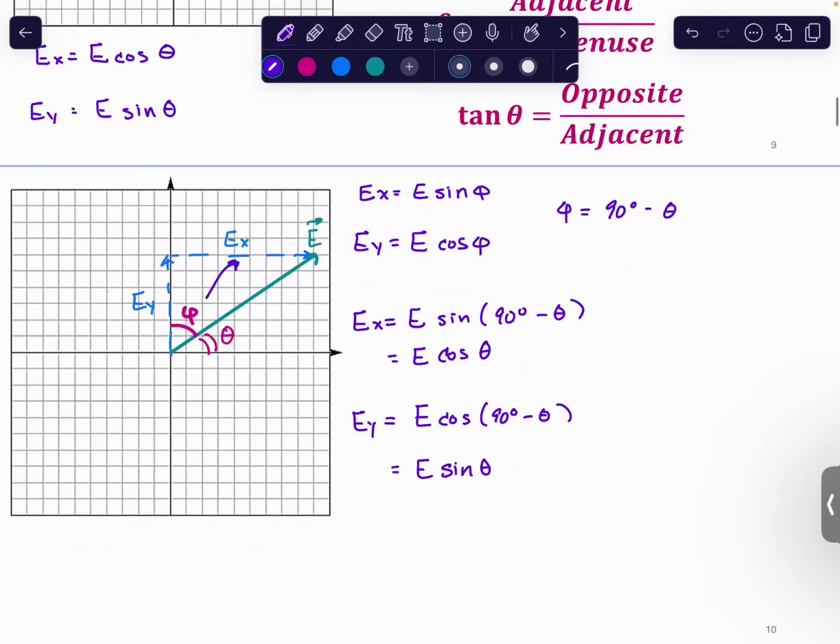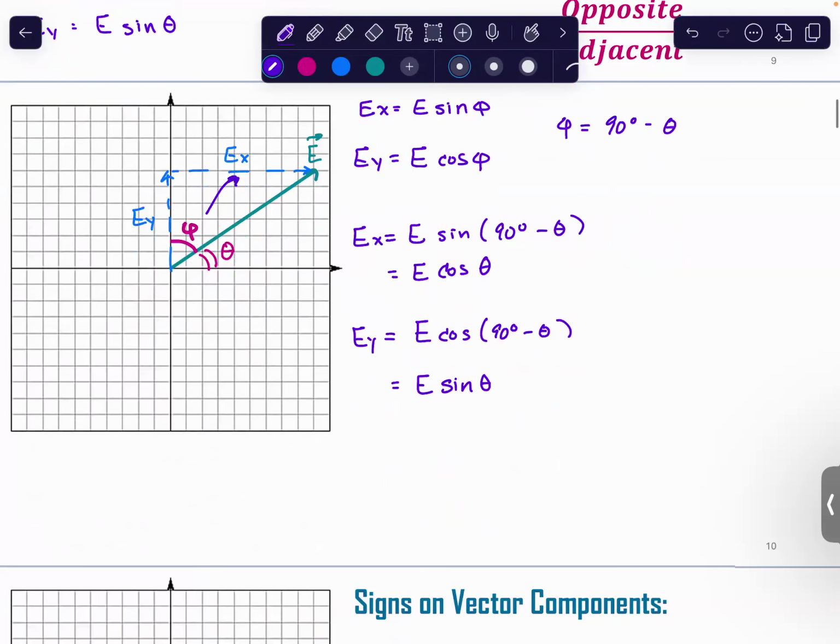And so let's kind of think about how units work here. Let's say, for example, let's use this one and this one. Let's say I told you your electric field is 9.5 newtons per coulomb.